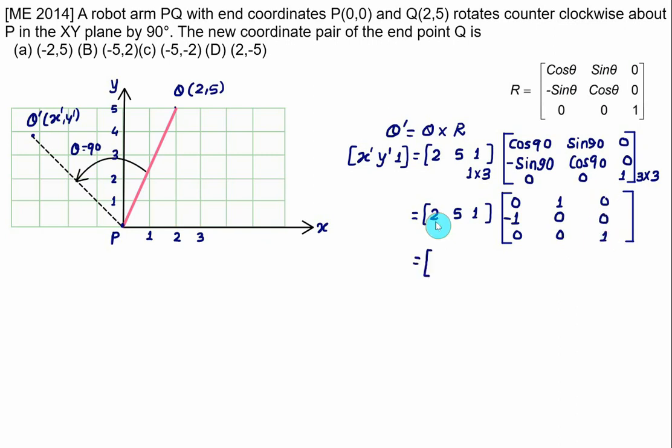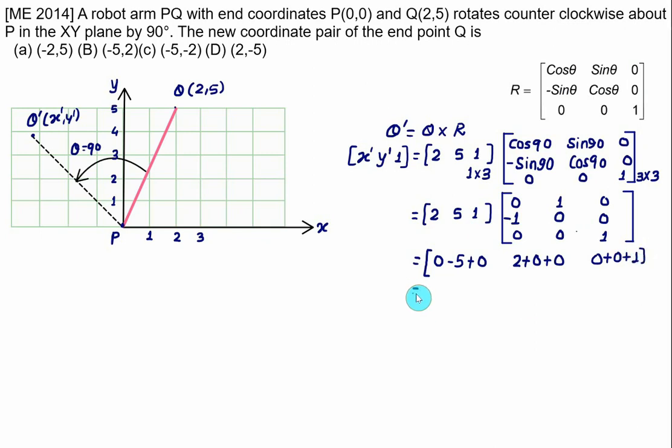So we have 2 into 0 is equal to 0, 5 into minus 1 is minus 5, 1 into 0 is plus 0; 2 into 1 is 2, 5 into 0 is 0, 1 into 0 is 0; 2 into 0 is 0, 5 into 0 is 0, and 1 into 1 is 1.